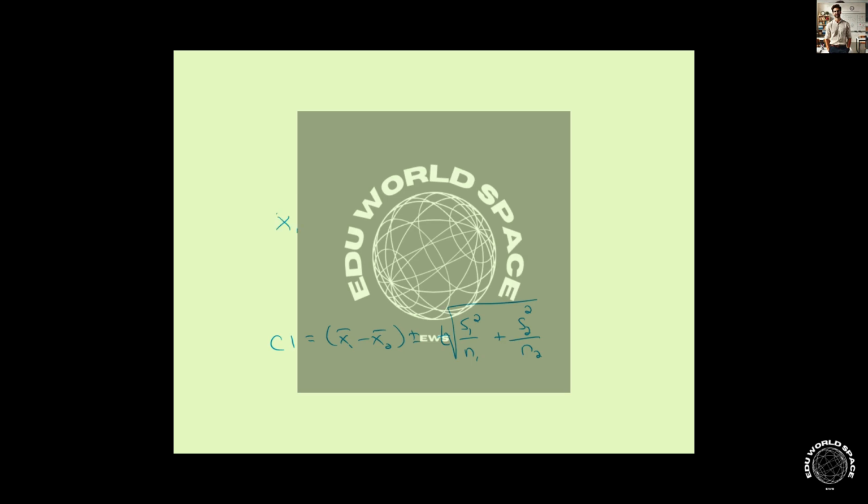Using the samples, the online will be 1 and the classroom will be 2. So the mean of the online was 74.214. The mean from the classroom was 73.176.